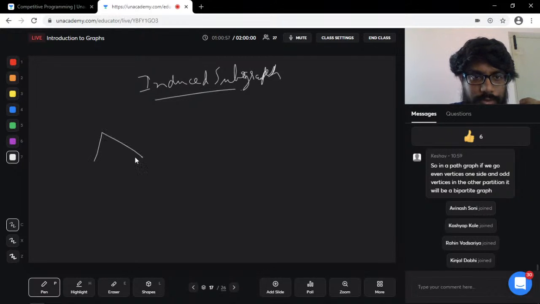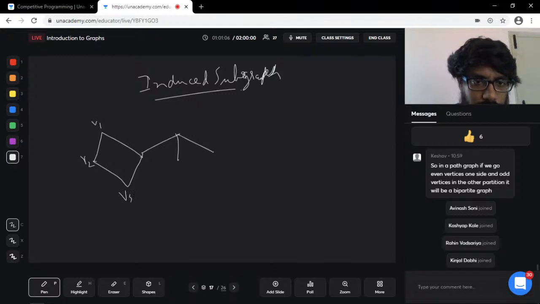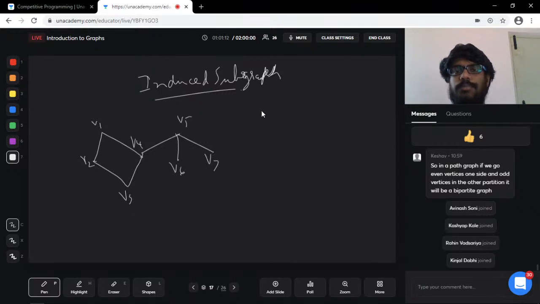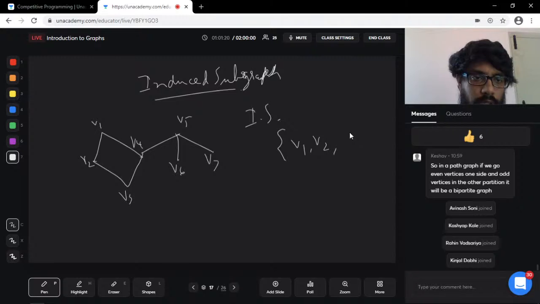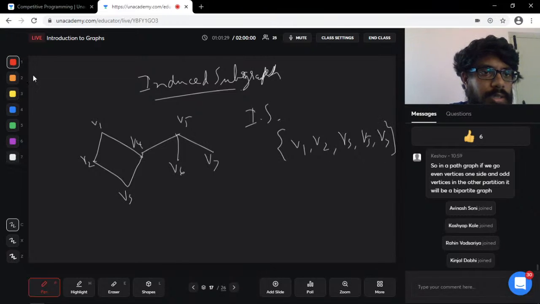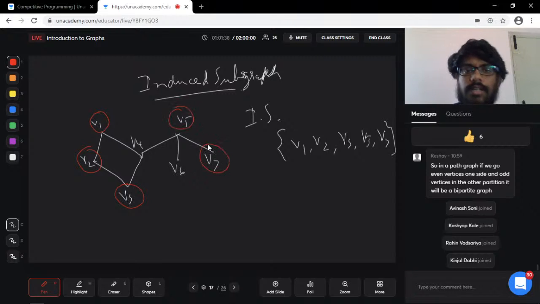So if these are my vertices V1, V2, V3, V4, V5, V6, V7, and suppose my induced subgraph takes the vertices V1, V2, V3, V5 and V7.